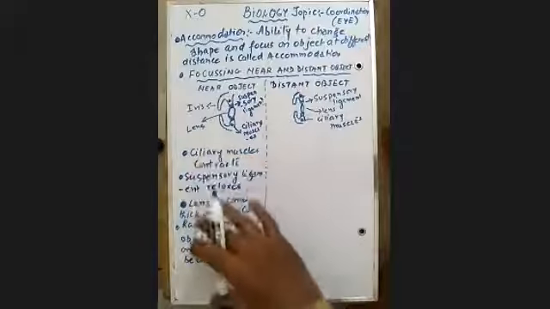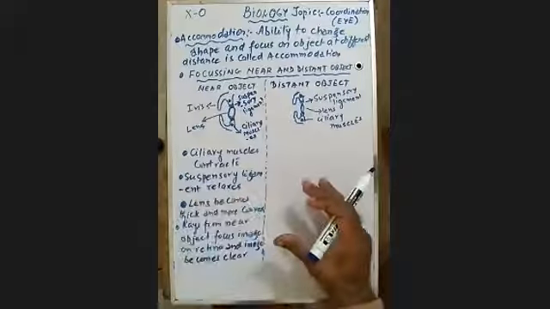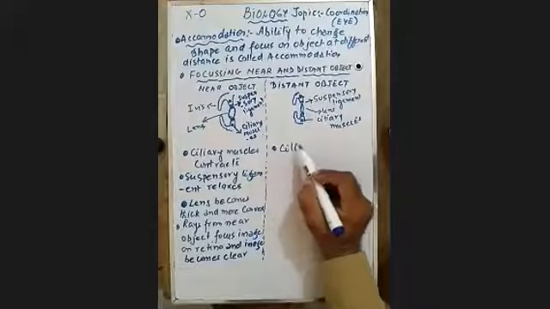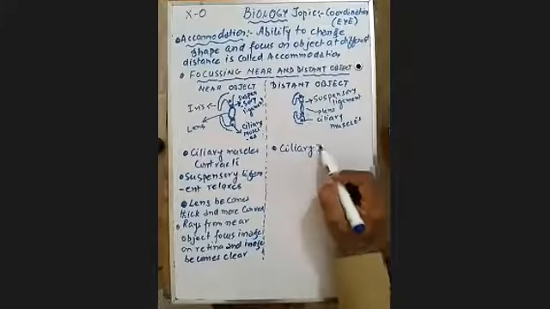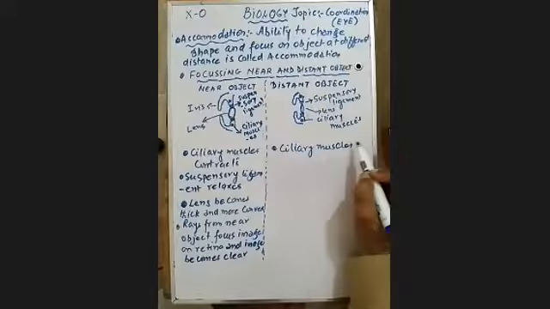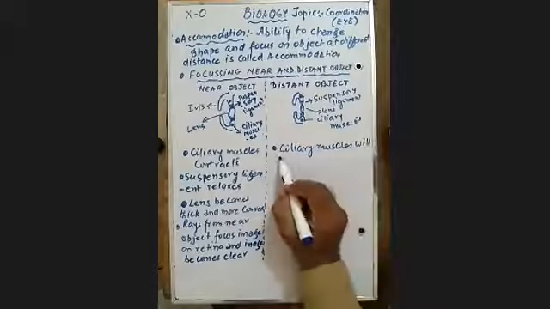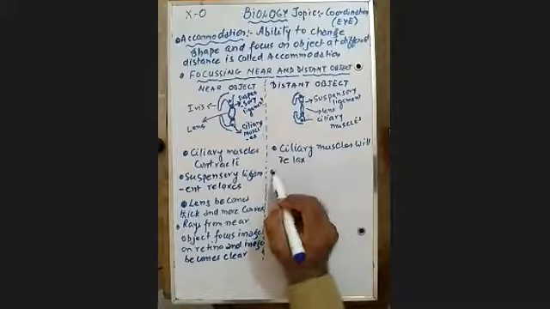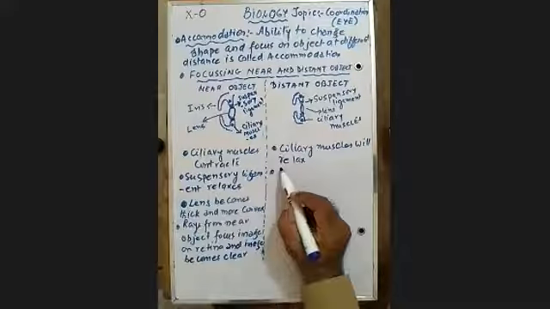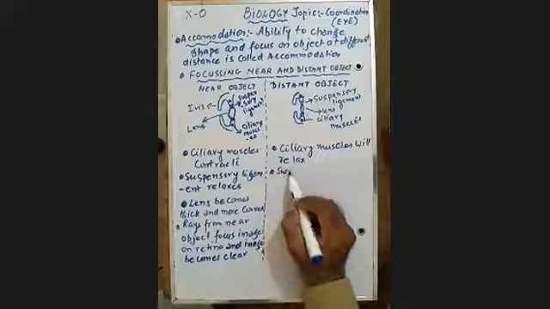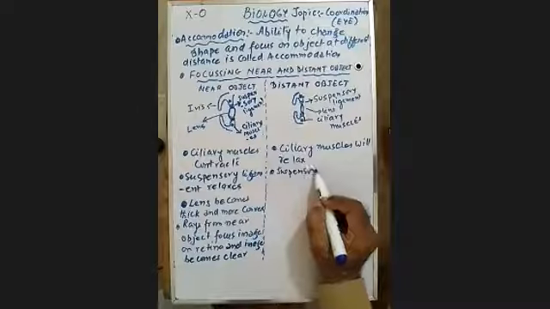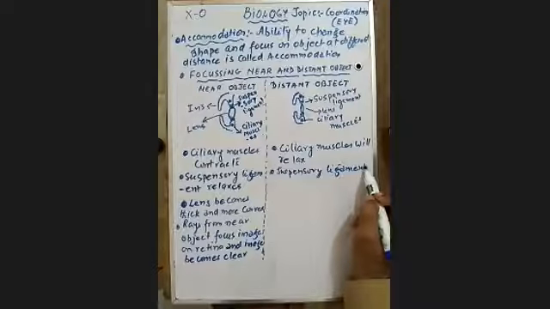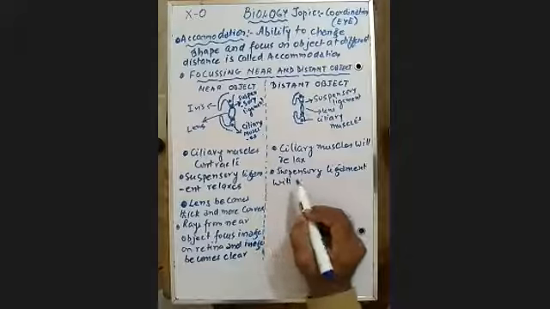So first of all, write down this point. The opposite of this you can write over here. When the ciliary muscle contracts for the near object, what will happen for the distant object? The ciliary muscles will relax. Here the suspensory ligament is relaxing for the near object; the opposite will happen for the distant object: the suspensory ligament will contract.